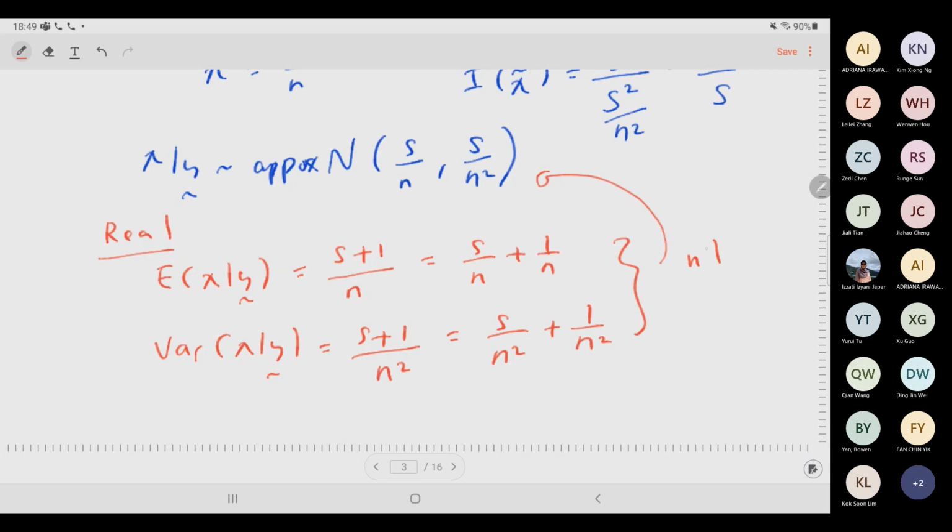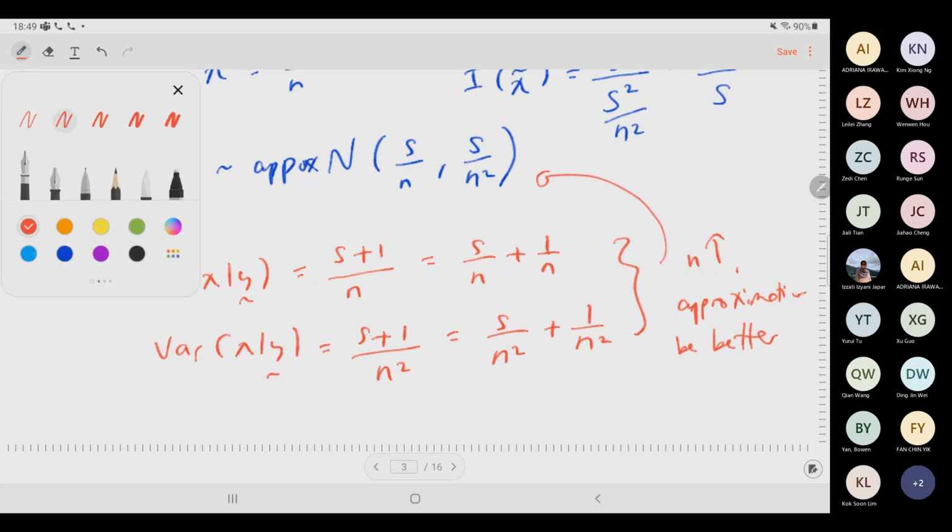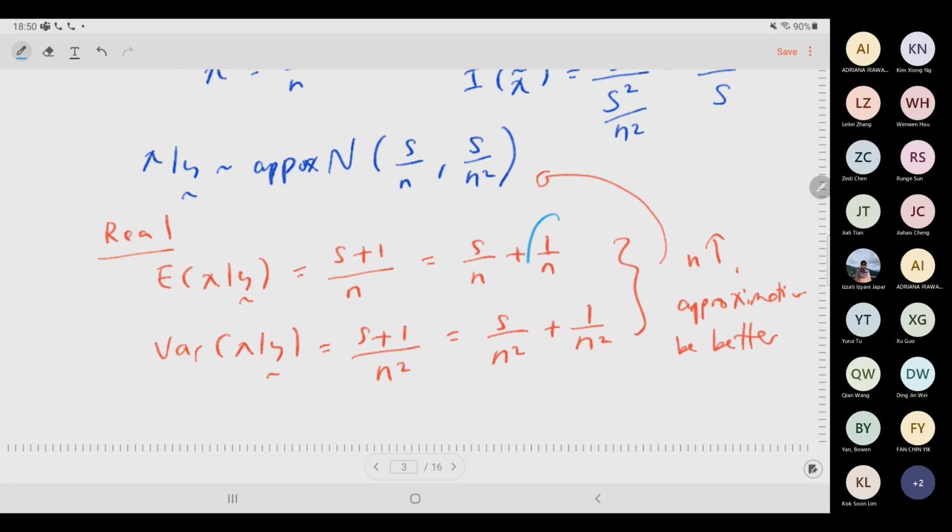Meaning that as your n increases, the approximation will be better. The version will get better as your n increases, because as your n increases, this second part will go to 0 as n gets very large.